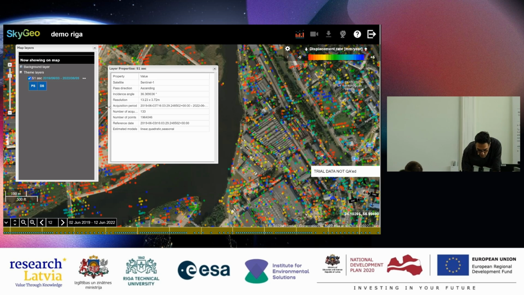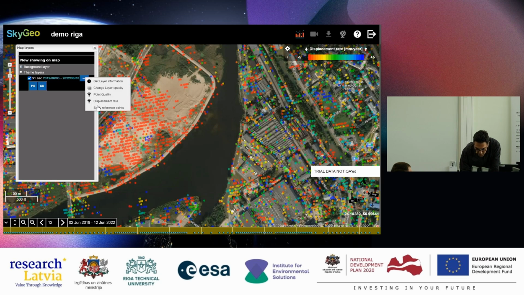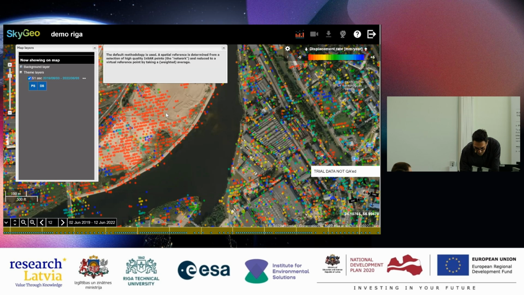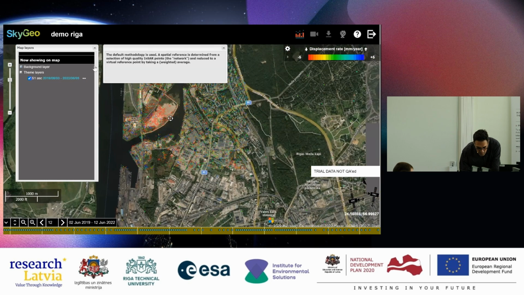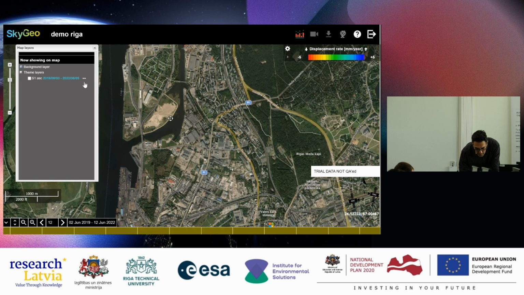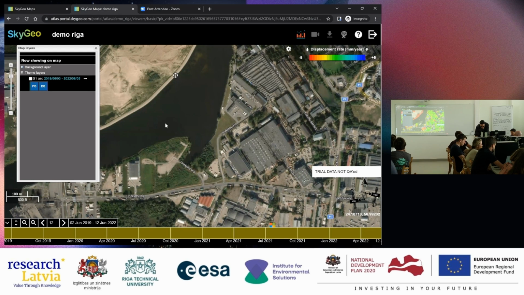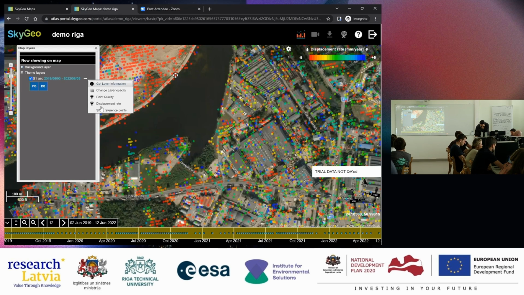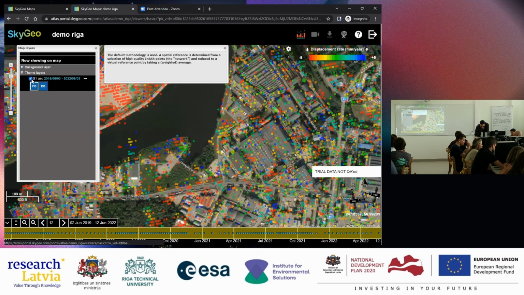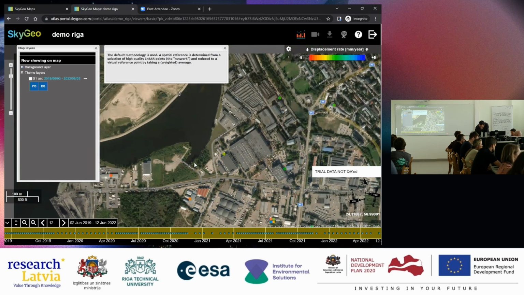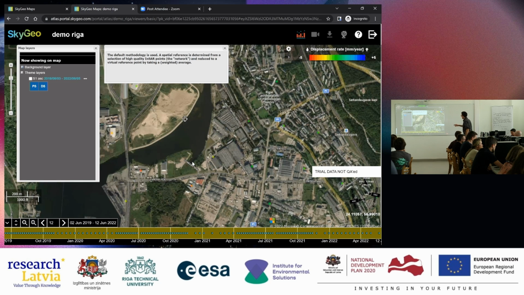Now what you can do here, let me see, show reference points over here. If I switch off these things and I say show reference points, now you're going to see a grid of isolated points.